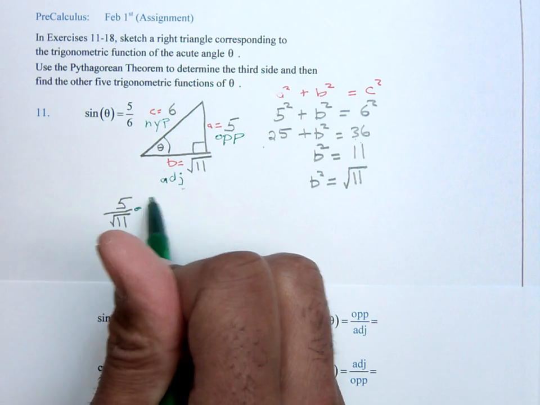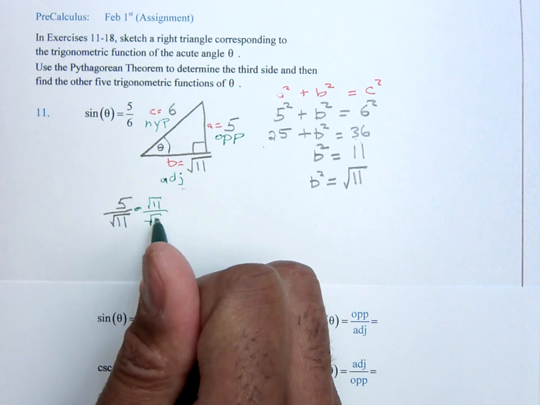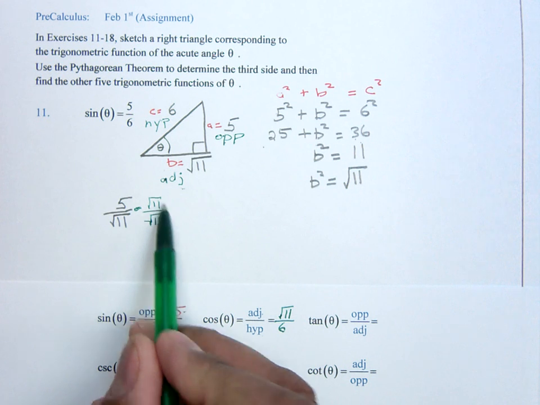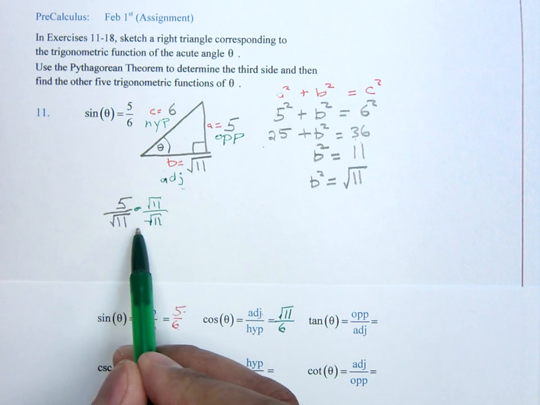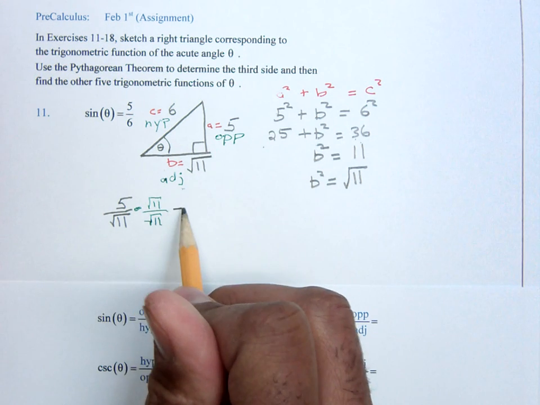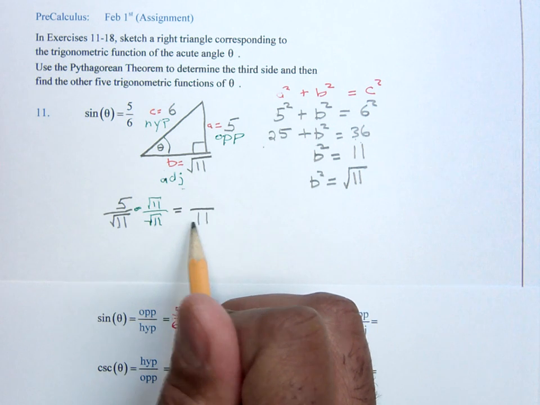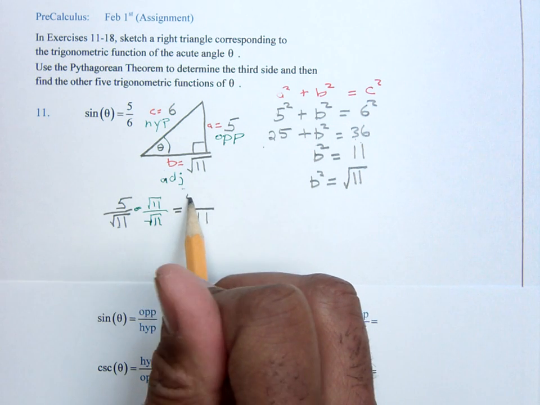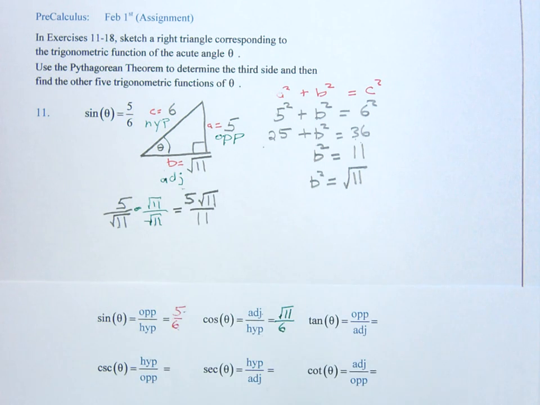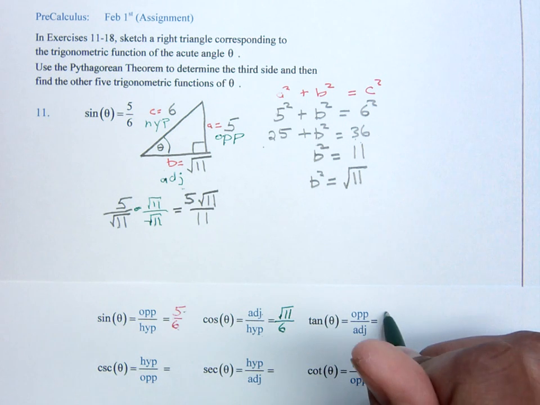To do that, we're going to multiply it by radical 11 over radical 11, which is really equal to 1. And if we multiply something by this green 1, it's going to be the same, it'll just look different. The way it will look is simplified. The denominator will be 11, and the numerator will be 5 times radical 11. So that's what we want to put for our answer, 5 root 11 over 11.